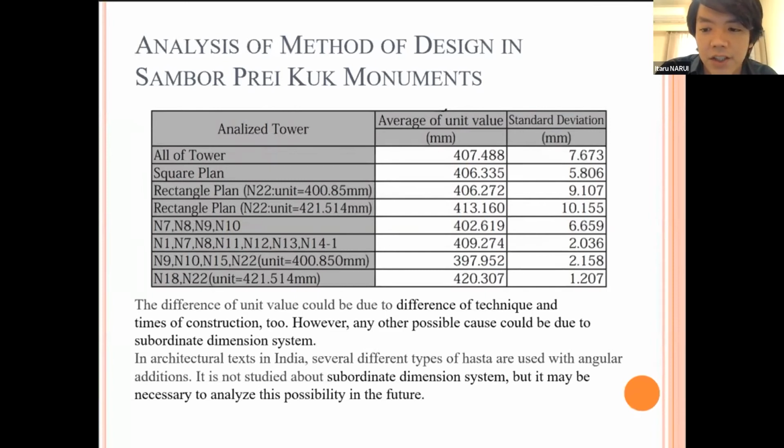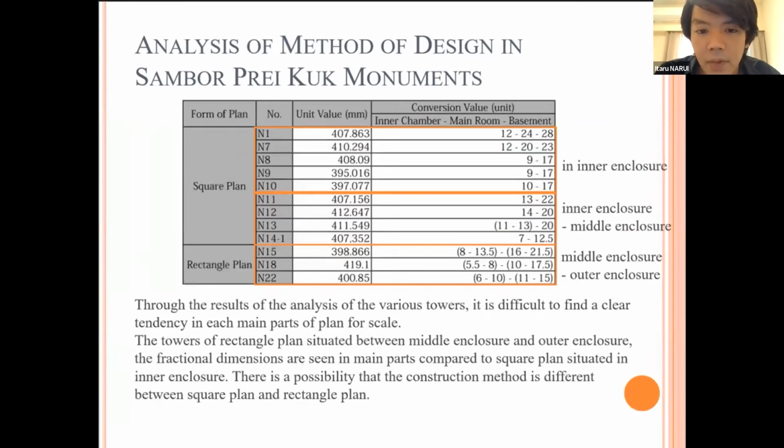In Indian architecture documents, several different types of hasta with angular additions are used, and the subordinate dimension system has not been studied, but it may be necessary to analyze this possibility in the future.